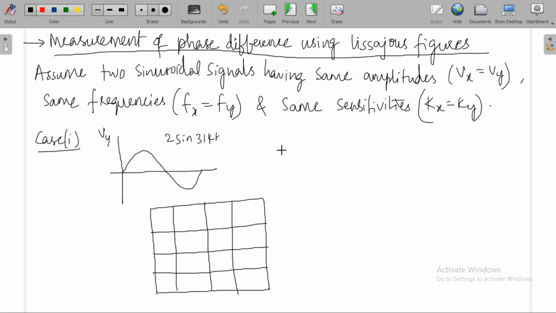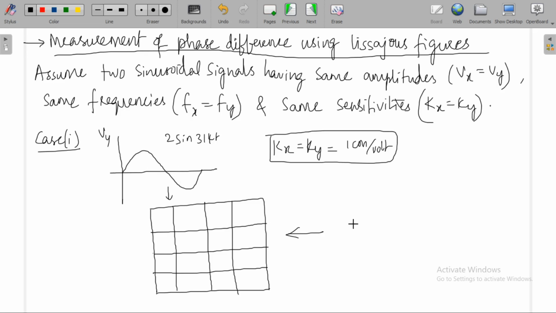Here let me take kx is equal to ky is equal to 1 centimeter per volt. This is the signal which is given to the Y input. Coming to the X input signal, let me apply a sine wave 2 sine 314t.